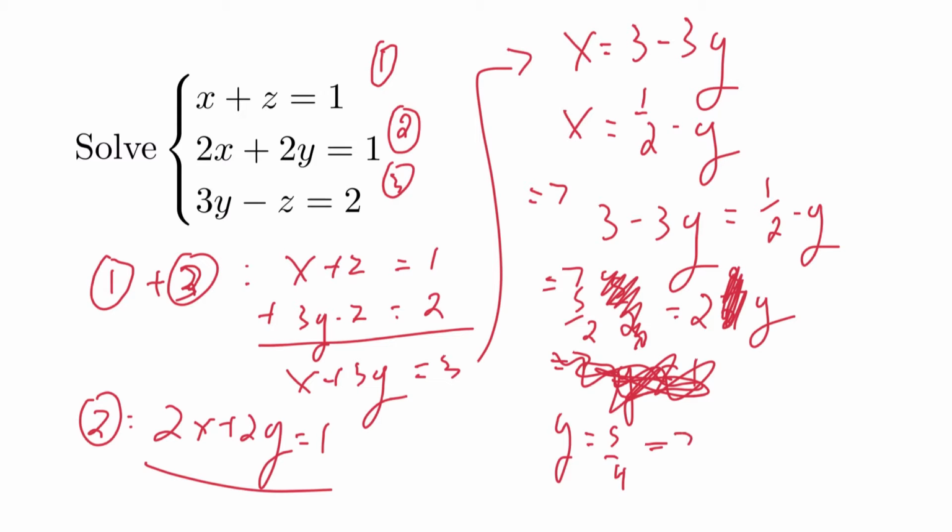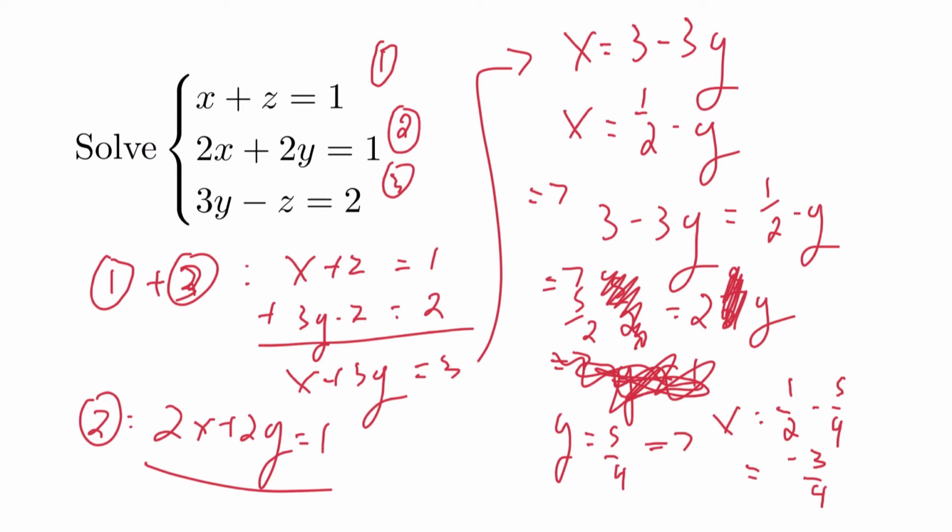And then I know that x is equal to 1/2 minus y, so 1/2 minus 5/4. So that's negative 3/4. And then to get z, I'll plug into equation 1.